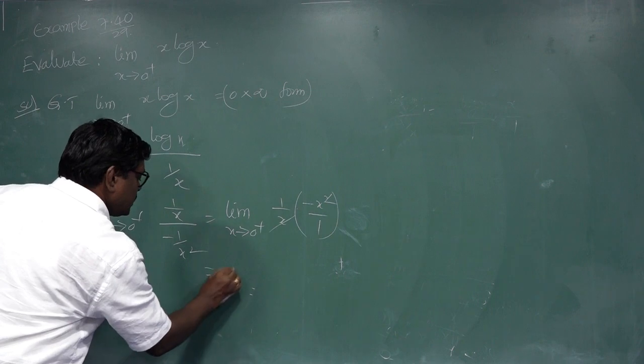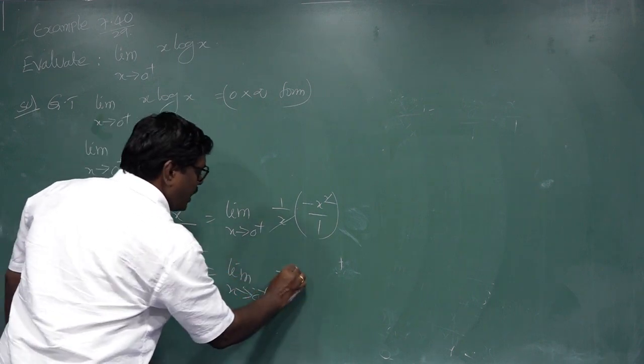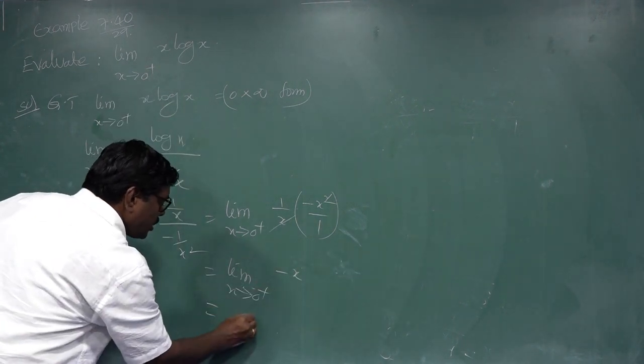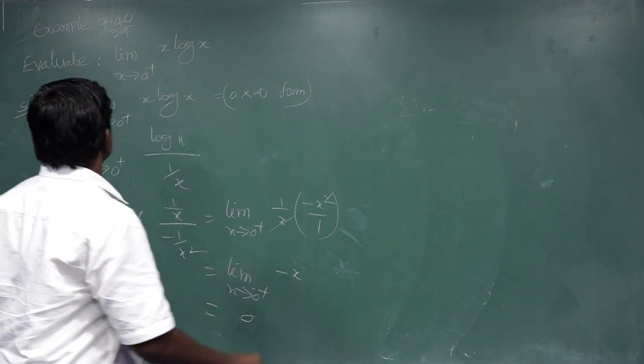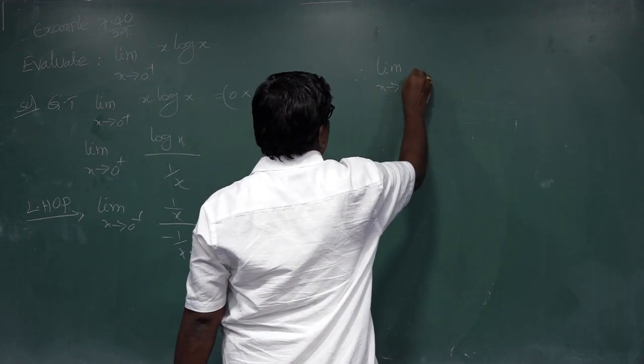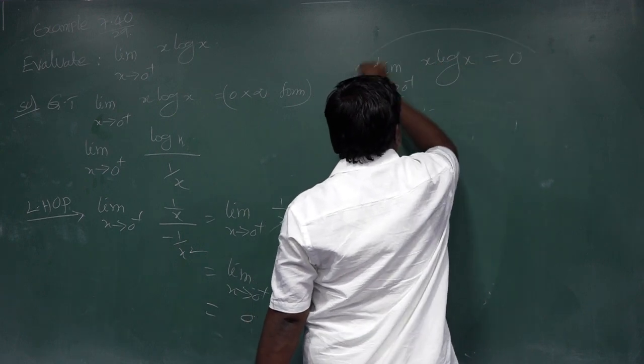This is the limit as x tends to 0 plus of minus x, and applying the limit gives 0. Therefore the limit as x tends to 0 plus of x log x equals 0.